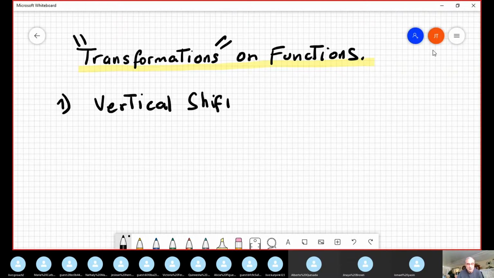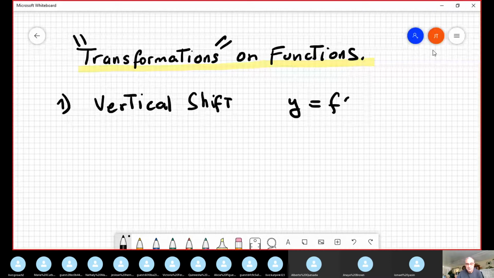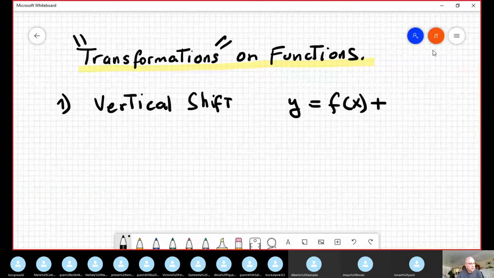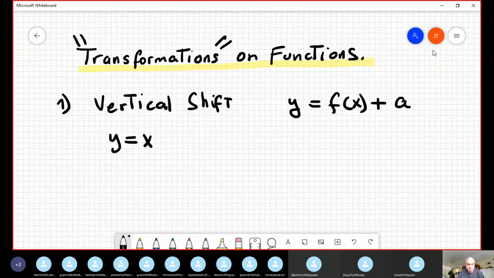Now, vertical shift happens or occurs when you have a function y equal f of x, and you introduce plus a number, I want to call it a. For example, an elementary example: suppose the function y equal x squared, which is the parabola.